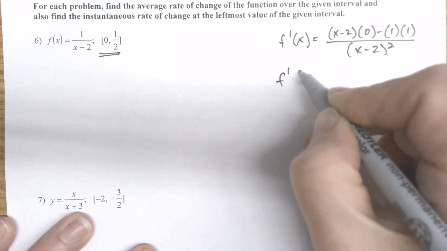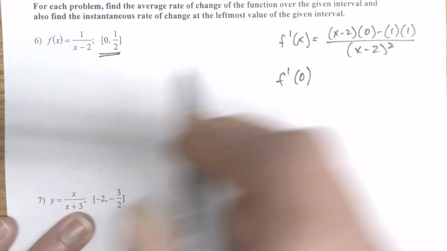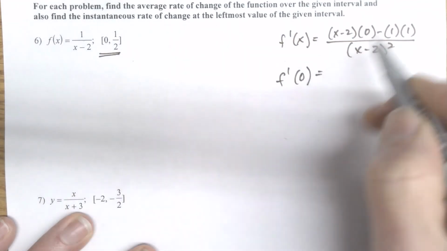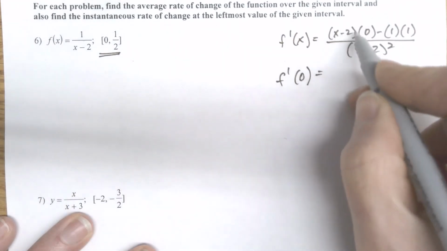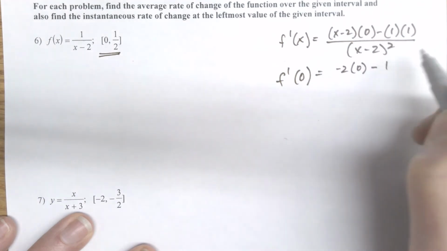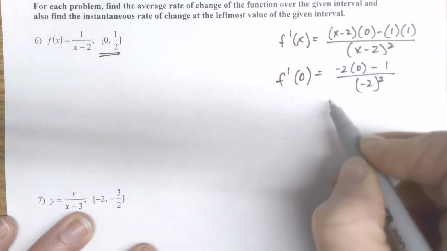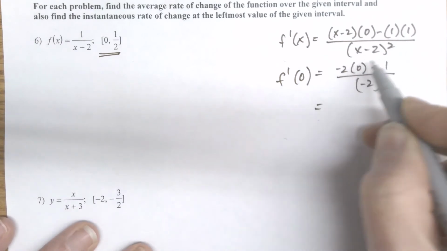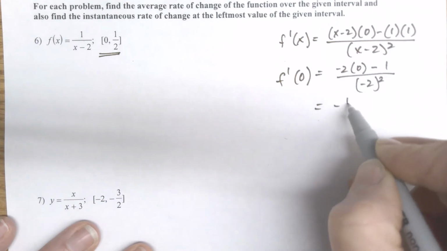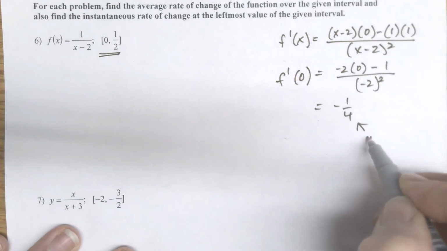And then I'll find f prime of the leftmost, 0. That's again the leftmost. So I'll plug that in. I have negative 2 times 0 minus 1 over negative 2 squared. That leaves me with negative 1/4 for my instantaneous.